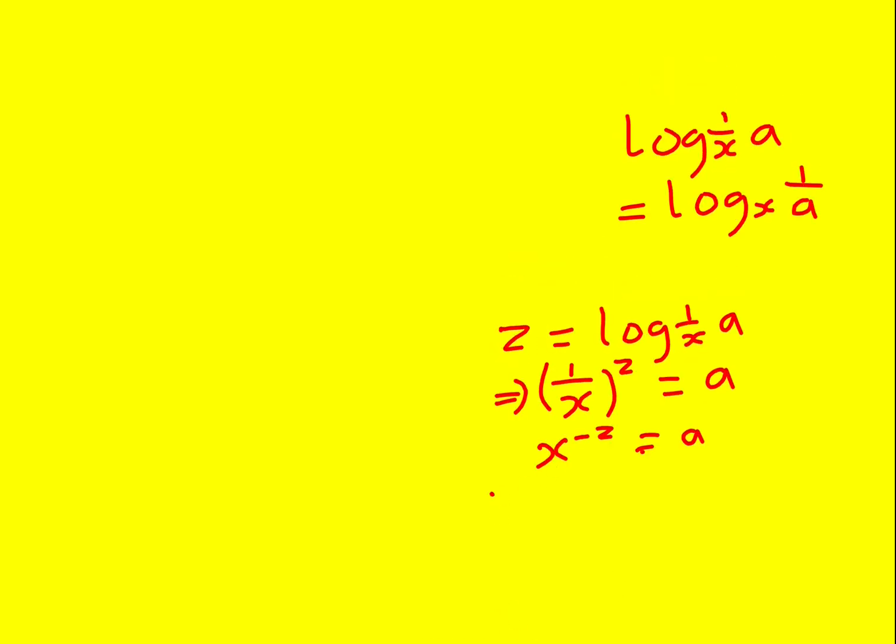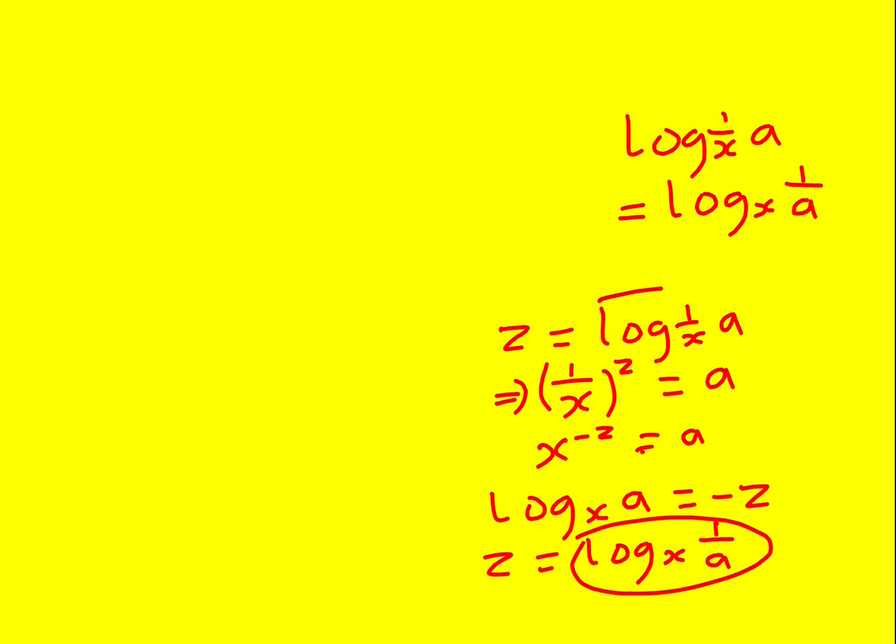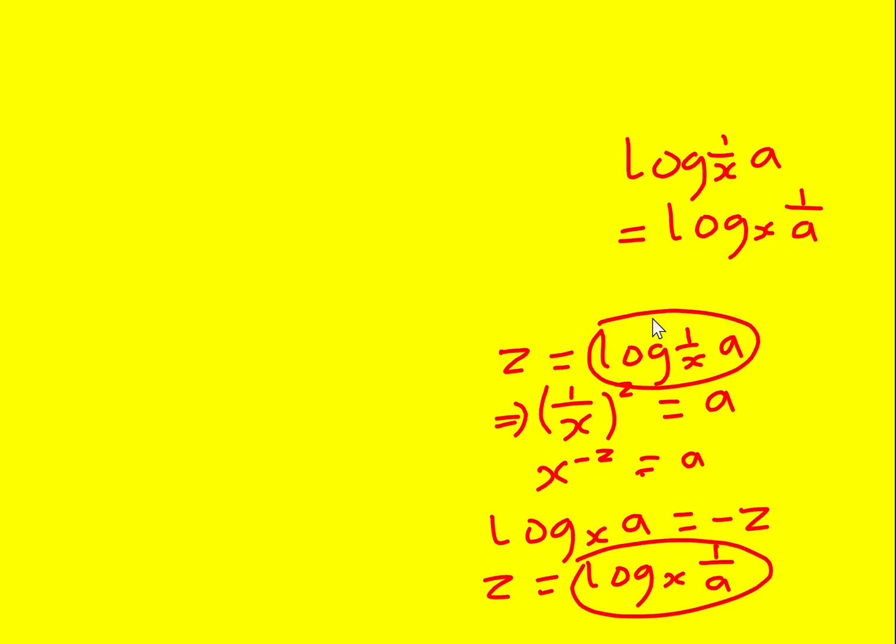Hence, log to base x of a is equal to minus z, which means that z is going to be minus log to base x of a, which is going to be log to base x of a to the minus 1, which is 1 over a. So basically I've just proven it. I've proven that this thing here is the same as this thing here.